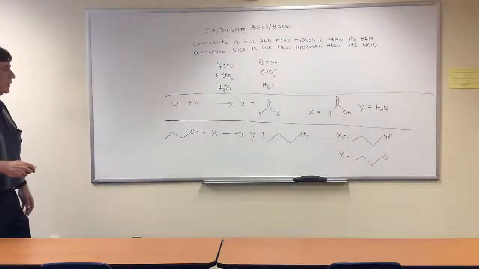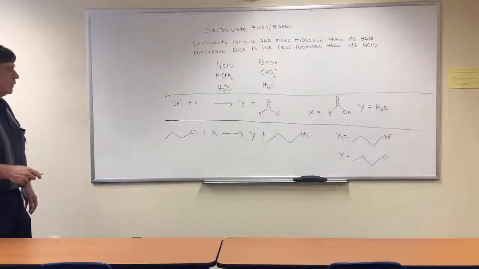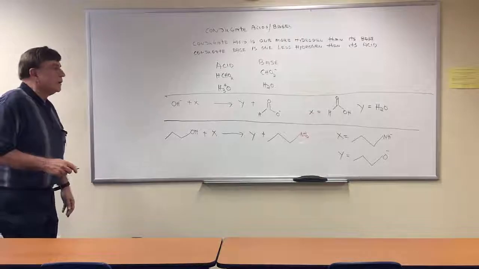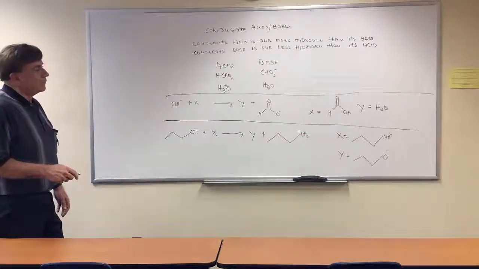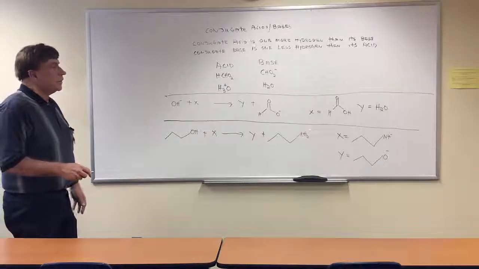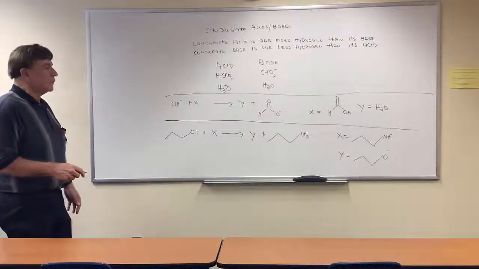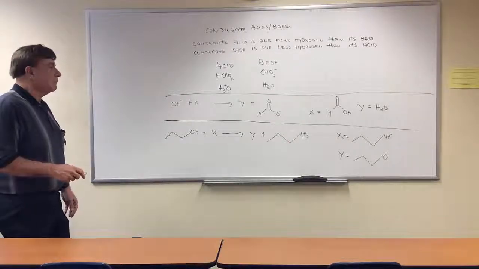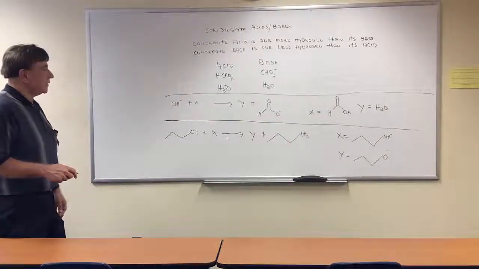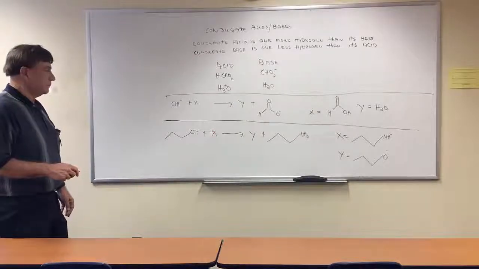Now let's have another example. Same idea. We're trying to find X, we're trying to find Y. Again, let's look at this. NH2. We know that nitrogen wants 3 to be happy. So there's no way we're going to add a fourth, but we could take one away. If we take one away, that makes this the conjugate base, which makes this the conjugate acid.